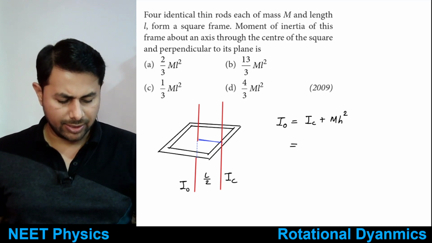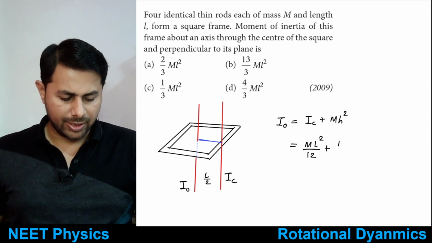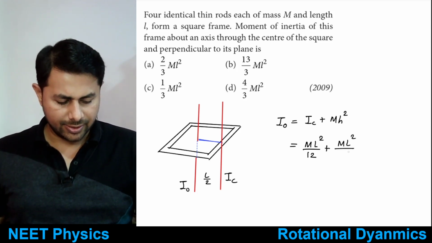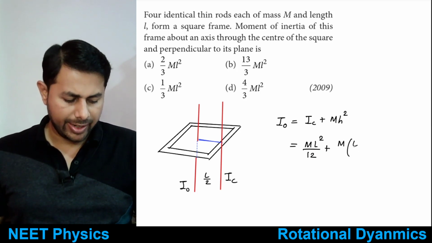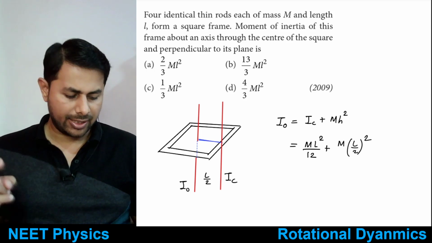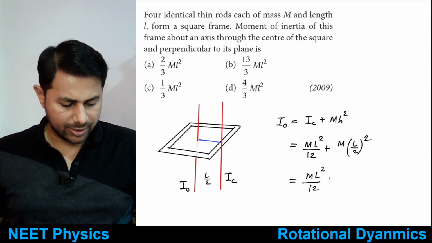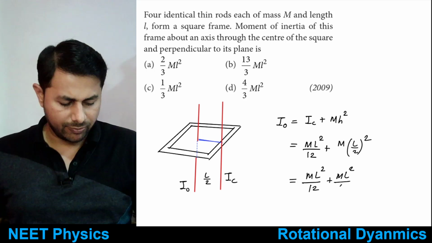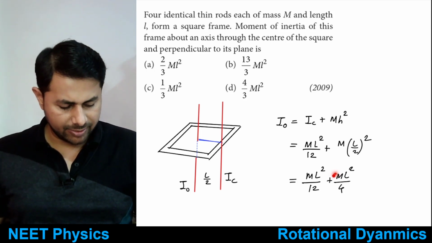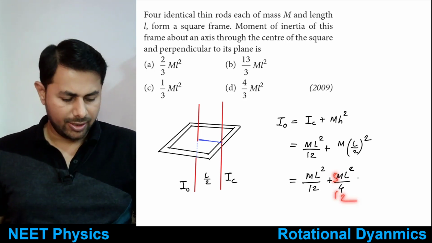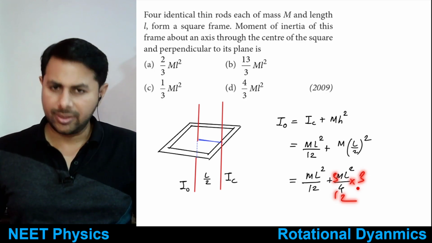So just put the values. This is ML square divided by 12 plus M into L by 2 squared, that means ML square divided by 4. ML square divided by 12, and this thing is ML square divided by 4, that means 3 ML square divided by 12, multiplying by 3 and dividing by 3.